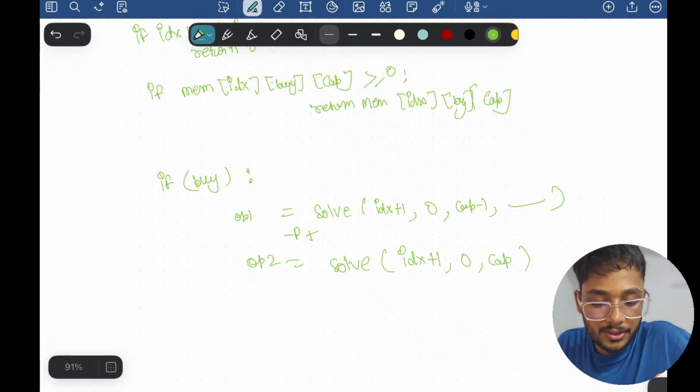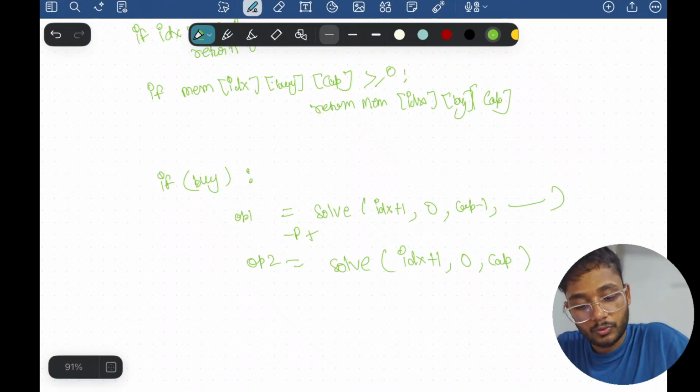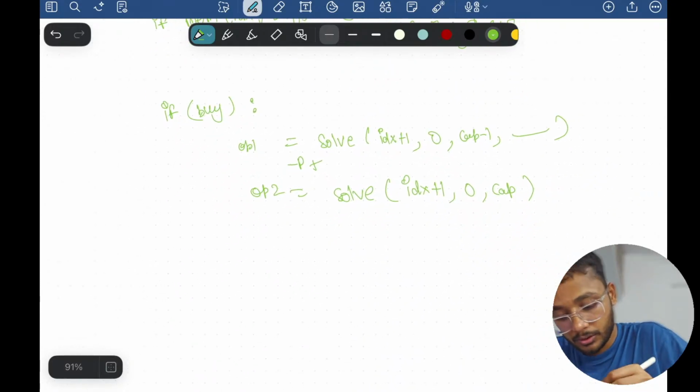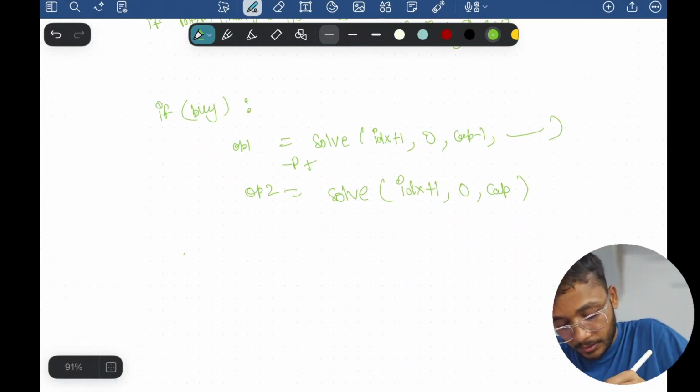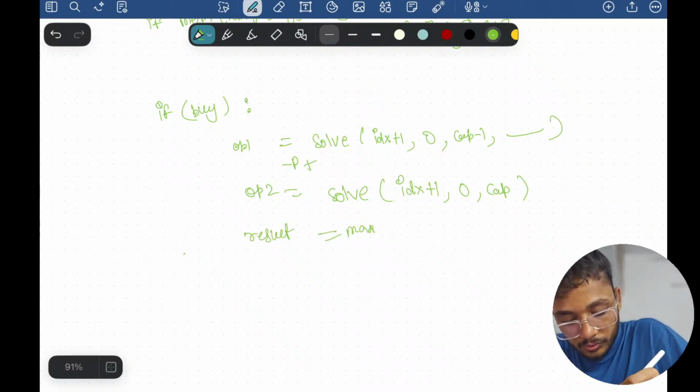Capacity will remain the same because you are not buying, so why would your capacity go down? And third, the result will be the max of these two.